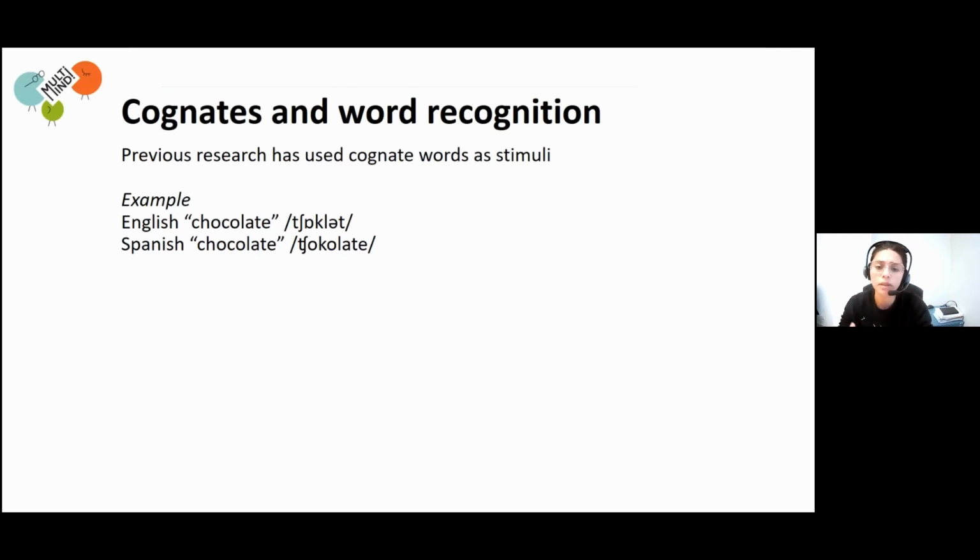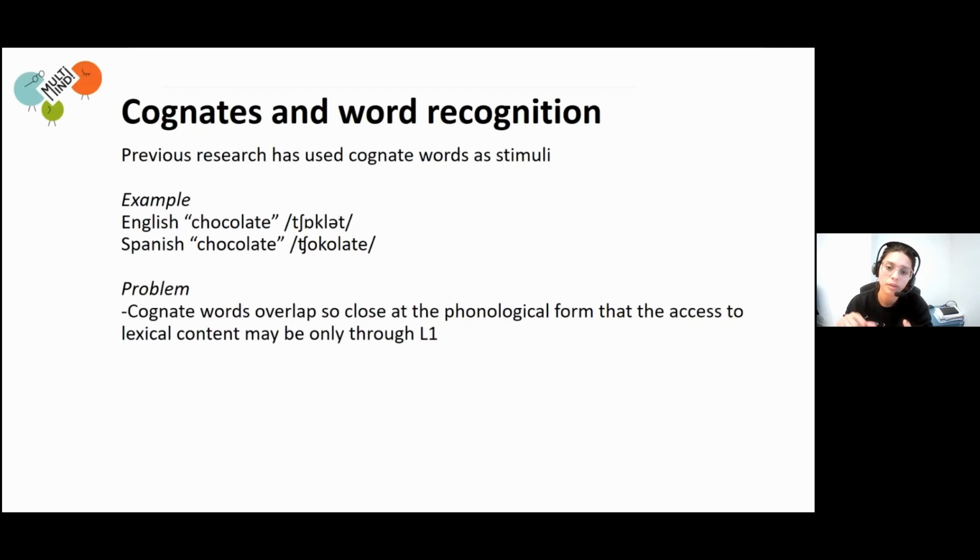And this is a problem because it's not required for you to be proficient in Spanish. If you already know the word chocolate in English, you might guess that chocolate in Spanish means chocolate. Just based on the overt phonological information presented, you can guess, or you can access the lexical content or the meaning of the word.